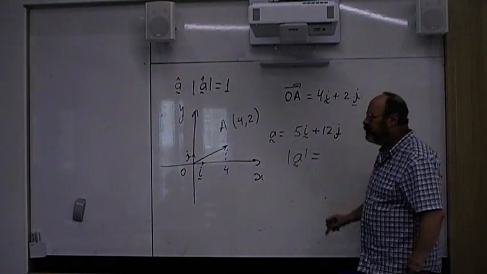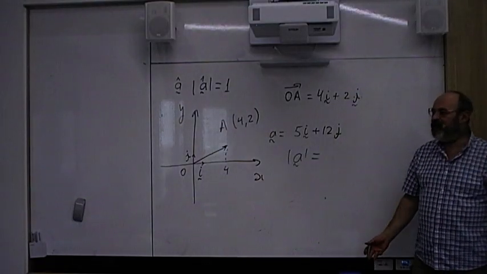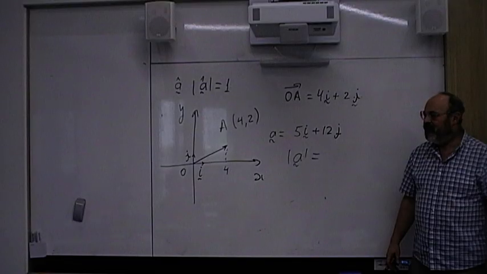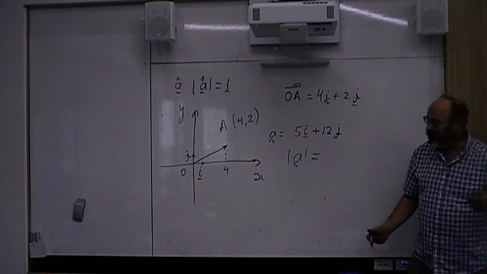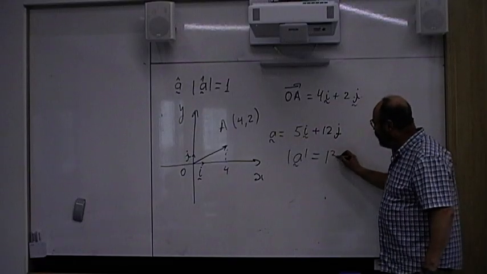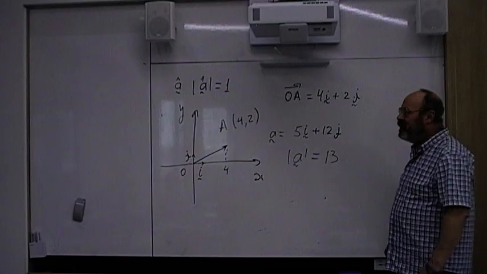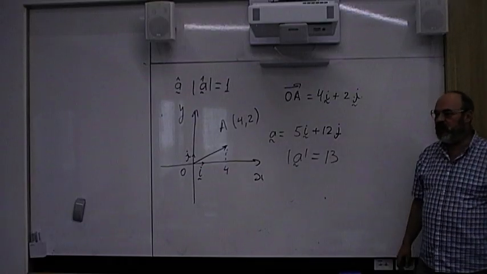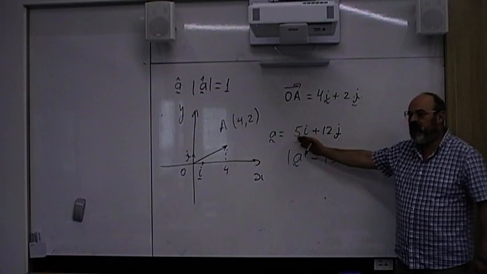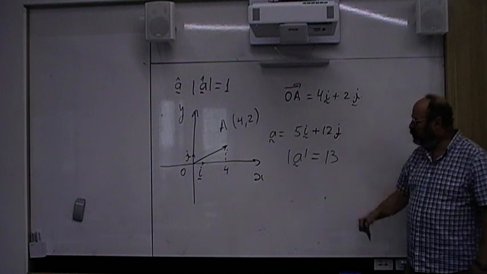By Pythagoras, 5 squared plus 12 squared, take the square root, is 13. It's a Pythagorean triple. So the length of vector A is 13.